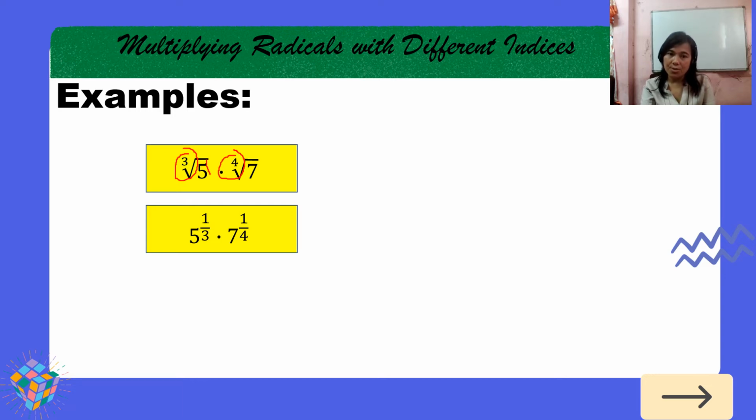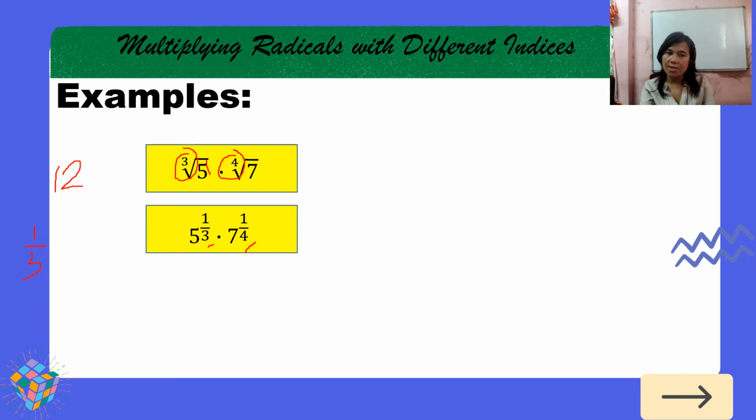Ngayon, yung 1/3 tsaka yung 1/4, gawin mong same yung exponents nila. Paano gagawin yon? Hanap ka ng GCF ng 3 and 4, kasi ito yung magiging indices. Yung GCF ng 3 and 4, since wala silang common, is 12. So, paano ka mag-transform from 1/3?